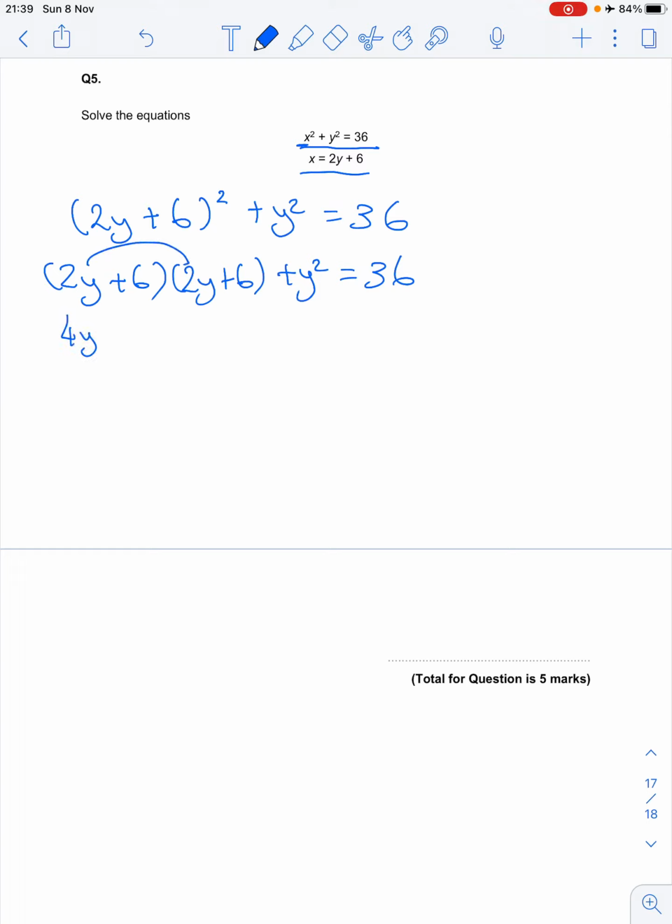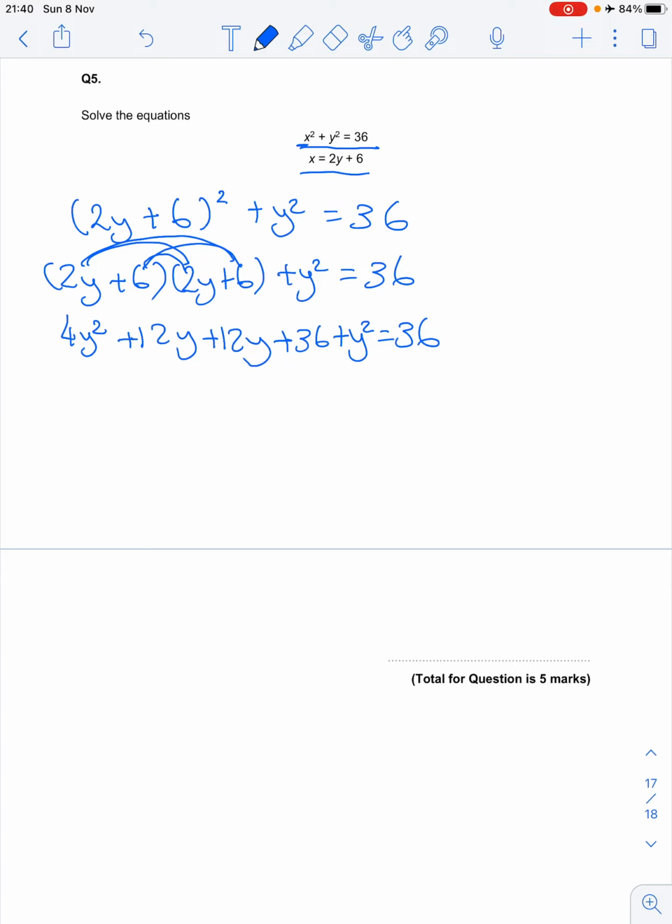So 2y multiplied by 2y is 4y squared. 2y multiplied by 6 is plus 12y. 6 multiplied by 2y is plus 12y. 6 multiplied by 6 is plus 36, plus y squared equals 36.